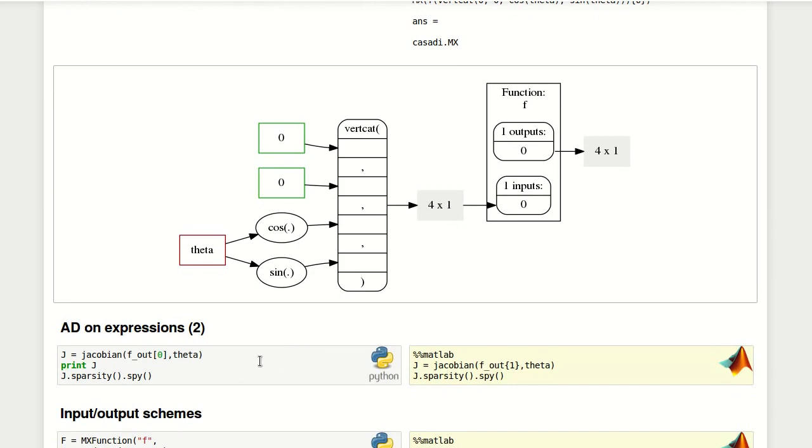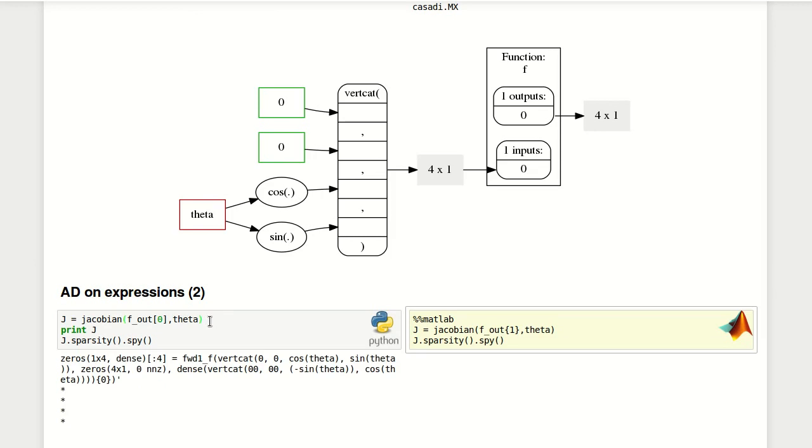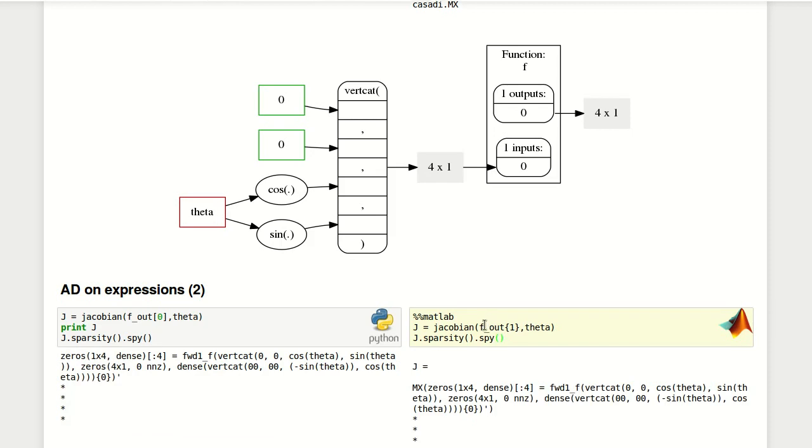So if we ask for f out 0, which is of type MX, and we ask for the Jacobian with respect to theta, then we get some complicated expression, and it's actually dense. And 4 by 1 because we're taking the derivative with respect to a scalar.